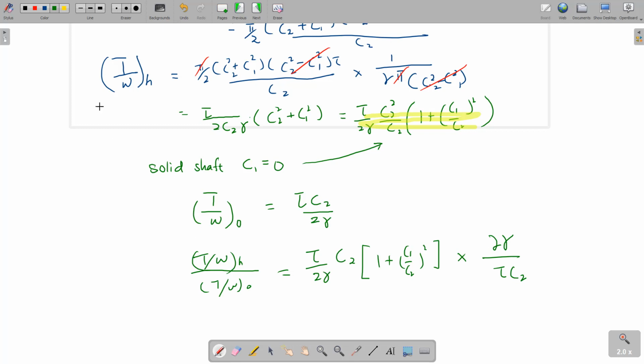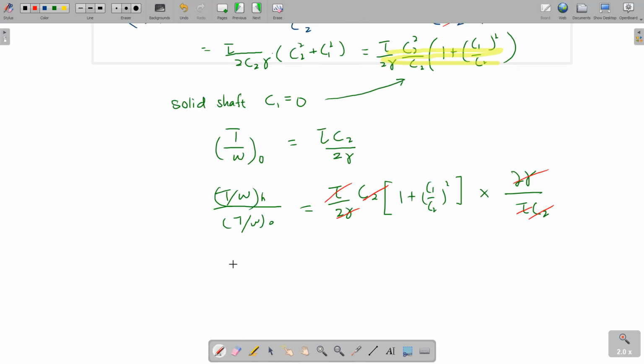So let's cancel out identical items. Tau and tau, C sub 2 and C sub 2, 2 gamma and 2 gamma. So you only have this left. So lastly, let's answer the questions.